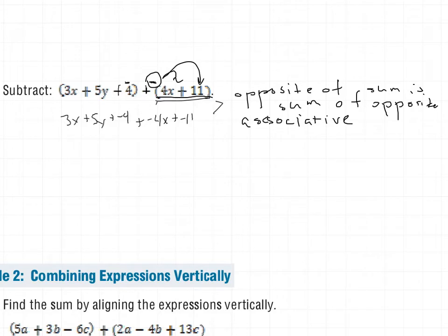So now thinking about reordering this, I want to put all of my like terms next to each other. So I can combine 3x and negative 4x. So I'm going to commute those together. 5y has nothing else to combine with. And I have negative 4 plus negative 11.